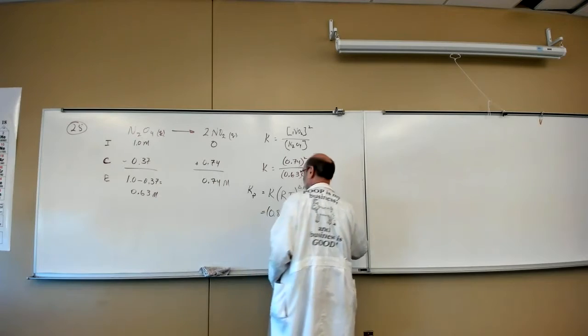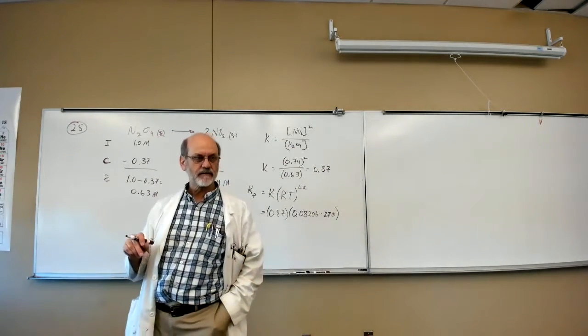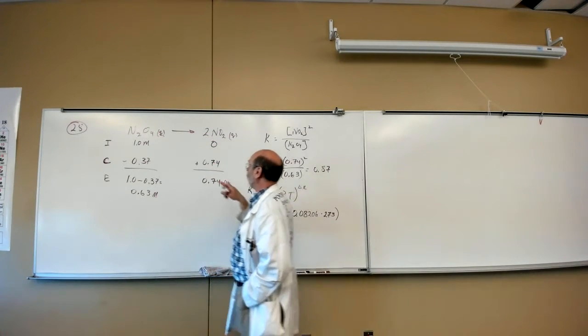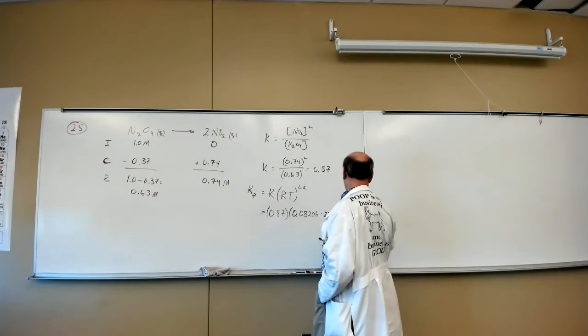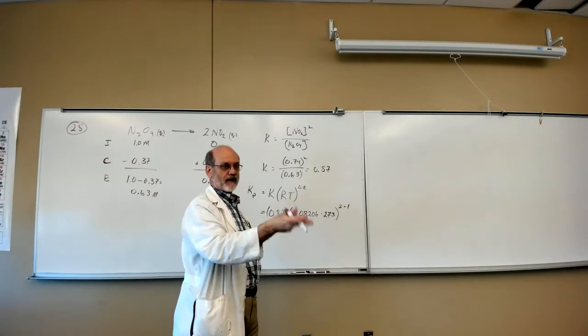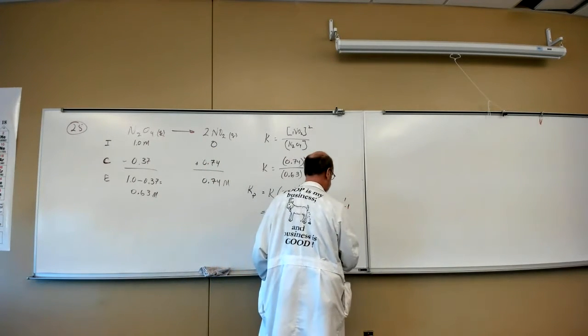And then what's delta N? Delta N is the change in the number of moles of gas. So we've gone from 1 to 2. So it's 2 minus 1, the final minus the initial. So that happens to be 1.